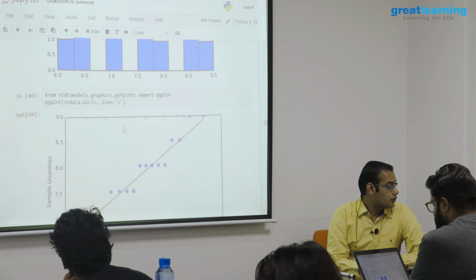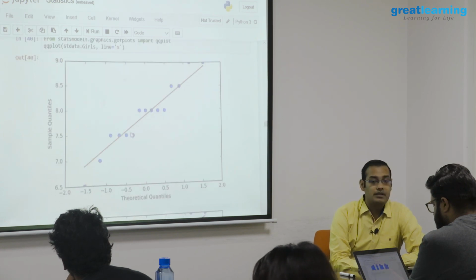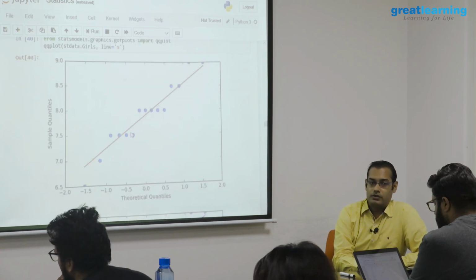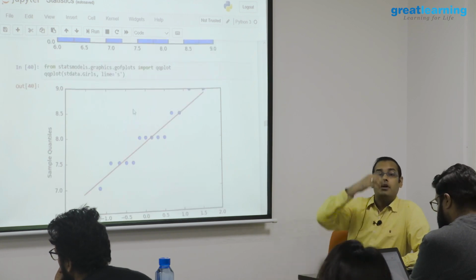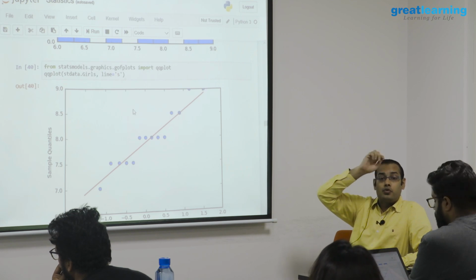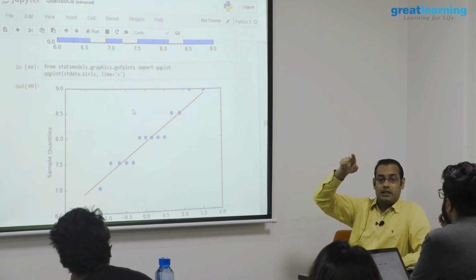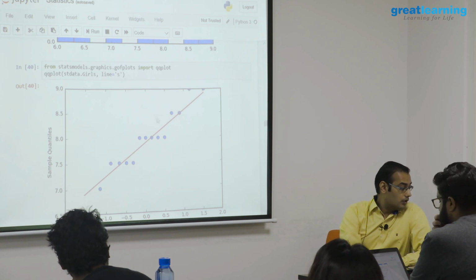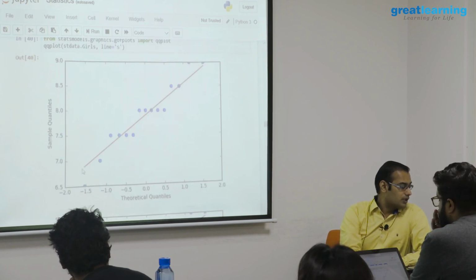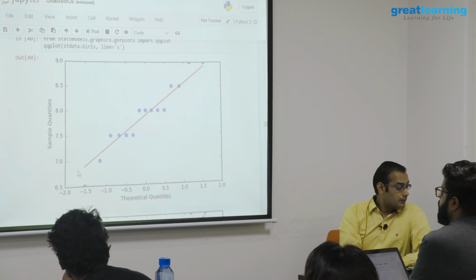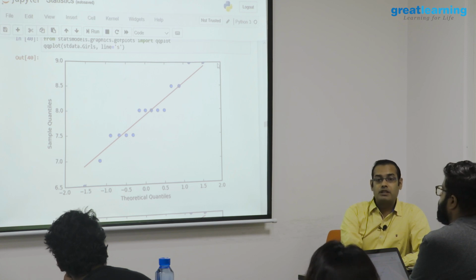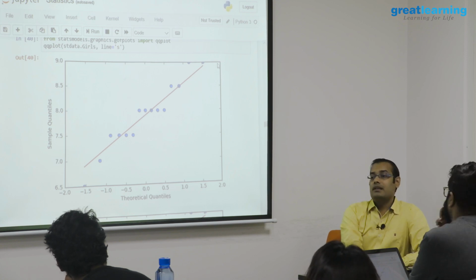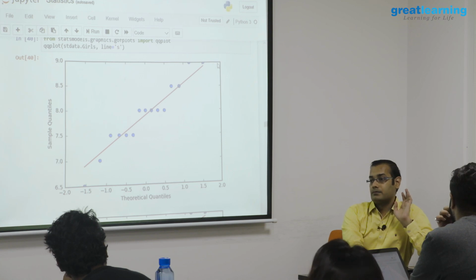The other approach to say whether data is normally distributed or not is by running a QQ plot. QQ is quantile. So in a QQ plot, if this graph looks like a straight line, in that case it's a normal distribution.